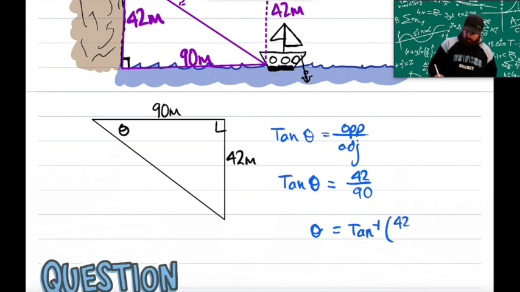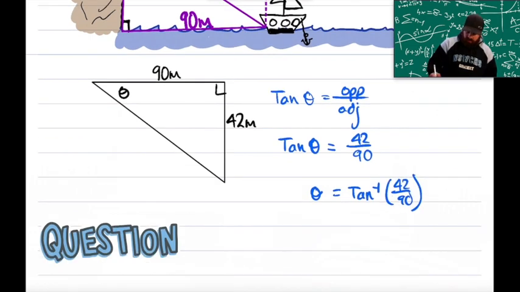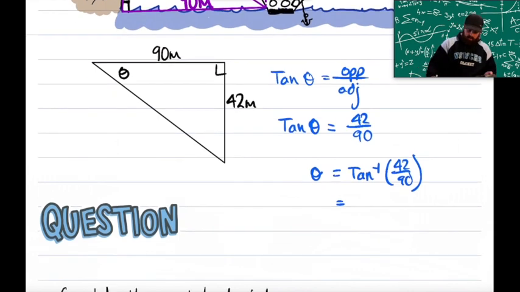So it's 42 over 90. And let's see what our calculator produces there. Shift tan of 42 over 90 equals, and we get an angle of depression of 25 degrees when we round it to the nearest value.